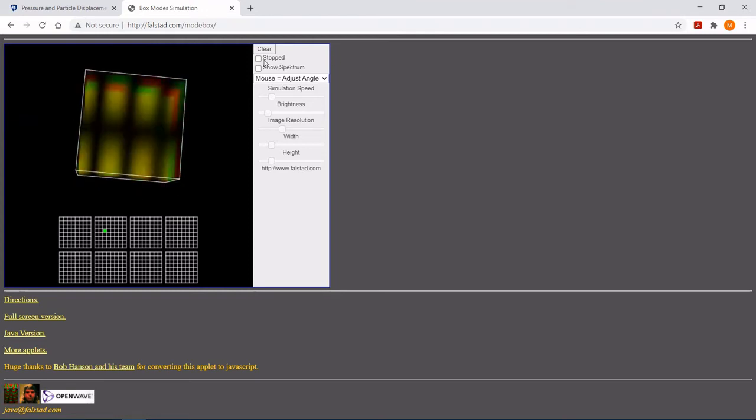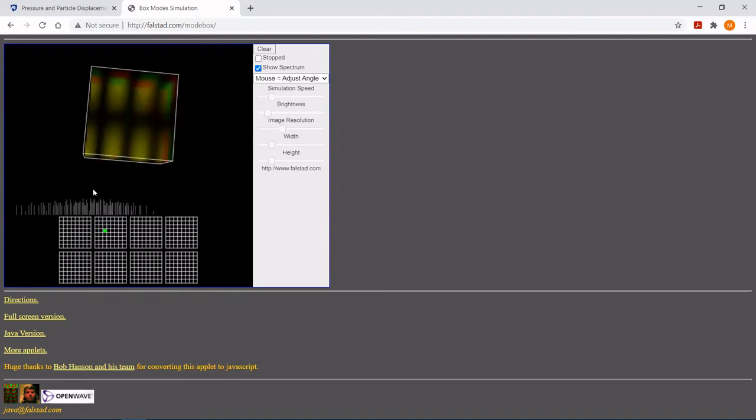So when I clicked Show Spectrum, these vertical lines represent the various possible frequencies of oscillation that can exist for a standing wave. And as I hover over the grid, you can see one of those frequencies gets highlighted in yellow. Each of these grid squares represents a possible standing wave in 3 dimensions that oscillates at a particular frequency.